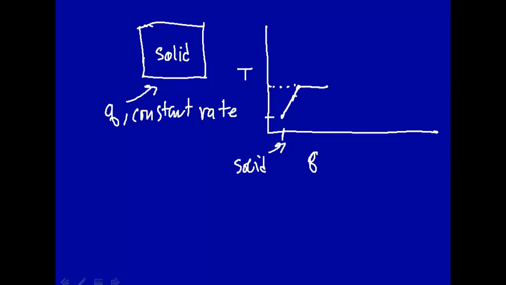In fact, what you do here is you are melting the solid. So all the heat that you're putting in does not go to increase the temperature, but is going to induce this phase change. Now when you put in enough heat so that all the solid is converted to a liquid, then you start increasing the temperature of the liquid.